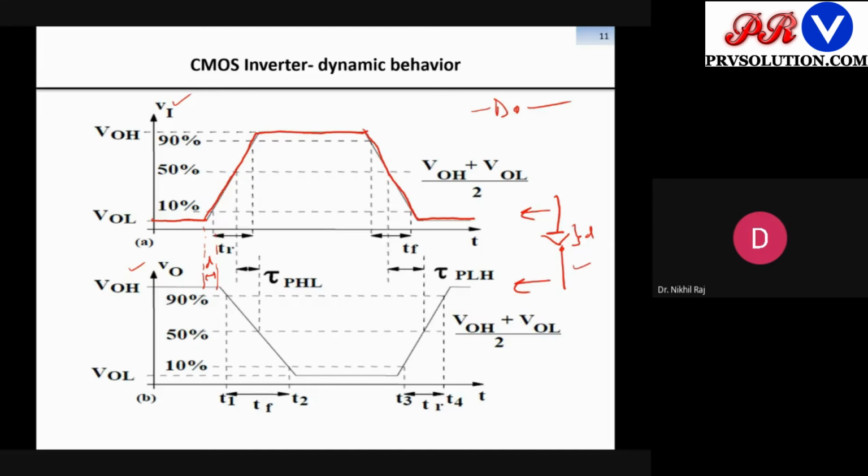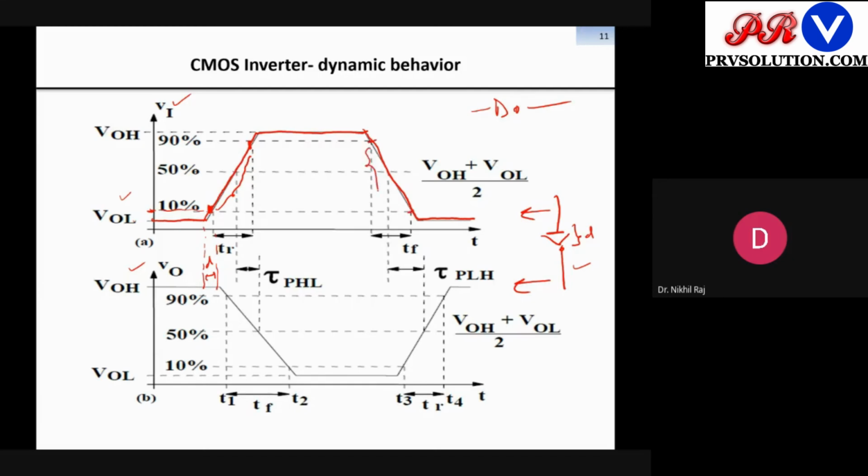So what is the definition of rise time? Rise time is defined as 10 to 90%. If I take the input curve, 10% will be here, so from here, 10 to 90% will give you the rise time. From this to this is your rise time. Similarly, if we talk about fall time, it is 90 to 10.